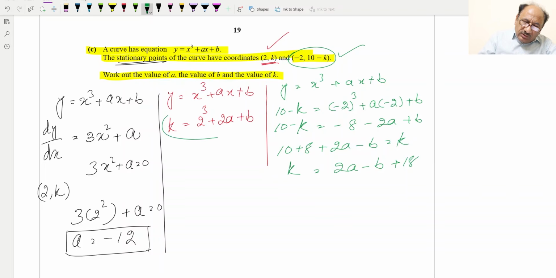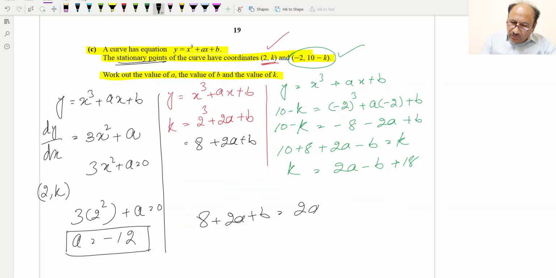Now we got the k value, this one, and we can equate these two equations. 2 cubed is basically 8, so we can write here also 8 plus 2a plus b. So we will be equating this one, so 8 plus 2a plus b is equal to 2a minus b plus 18.